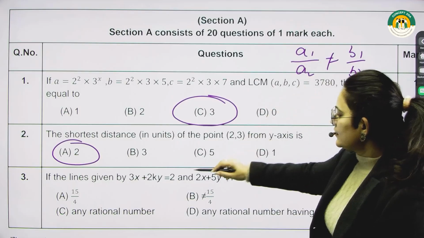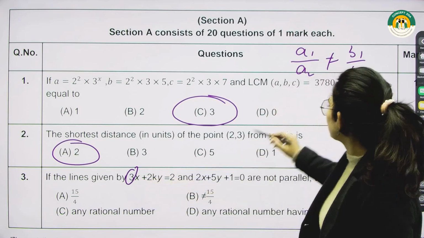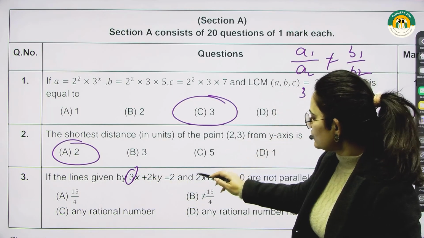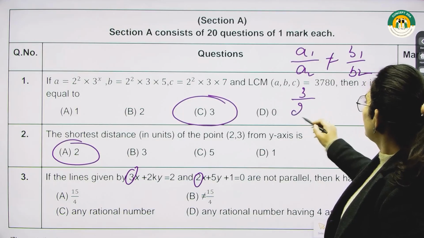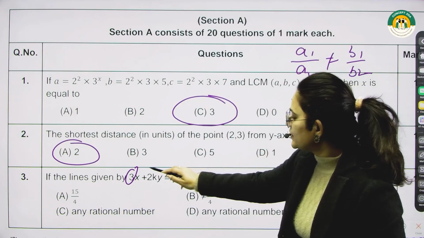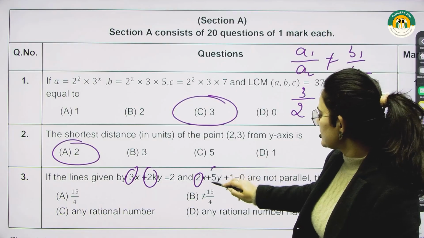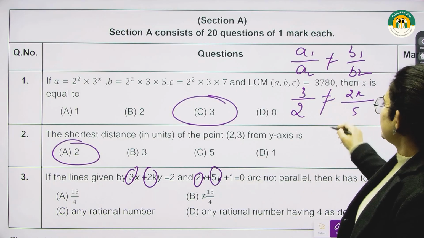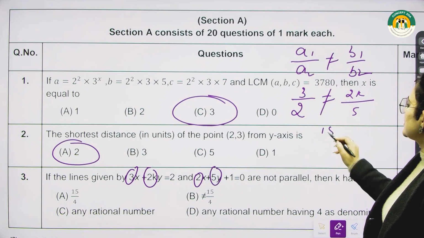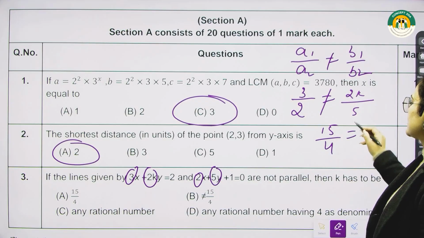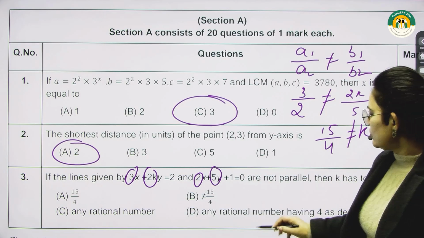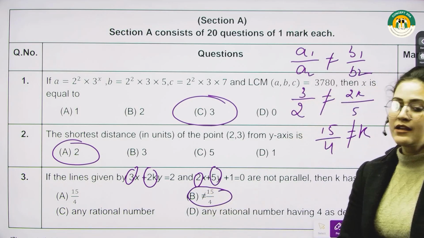So a1 is 3 and a2 is 2, that is not equal to b1, 2k, upon b2, which is 5. So when we cross multiply, we get 15 upon 4 is not equal to k. So the value of k is option B.